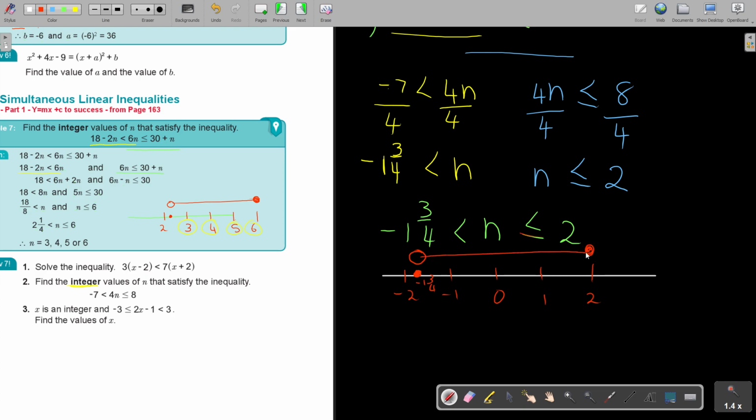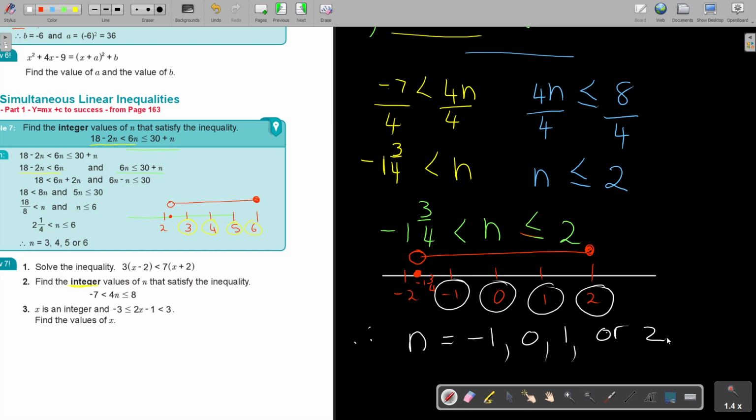That is all the numbers. So what numbers? It will not be negative 2, but it will be negative 1, 0, 1, and because that 2 is included, 2. So therefore, I can say the value of n is equal to negative 1, 0, 1, or 2. So all those values, negative 1, 0, 1, and 2.